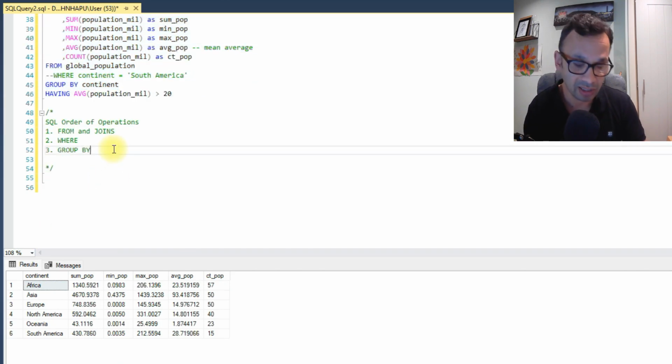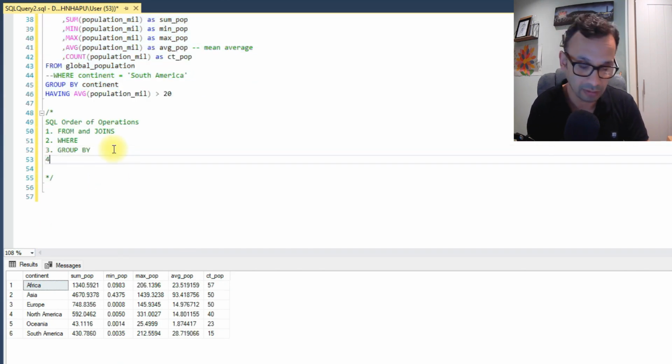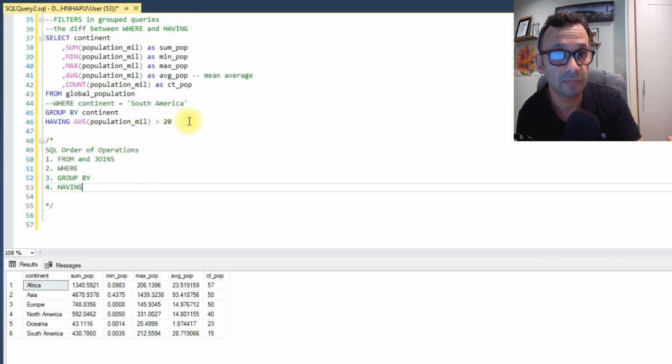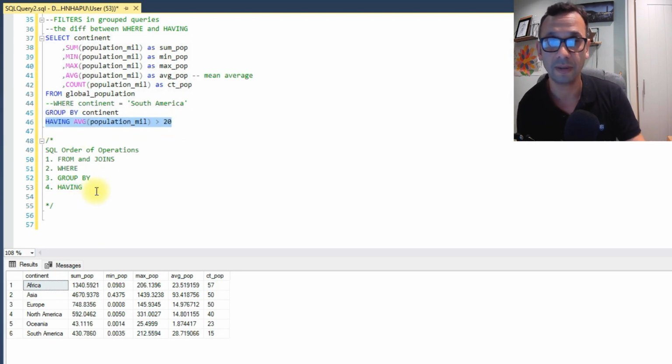Okay. So the next thing it looks at is having. So that's another filter. So it's saying, okay, so we're only looking at those where the result of that having clause is population mil is greater than 20.